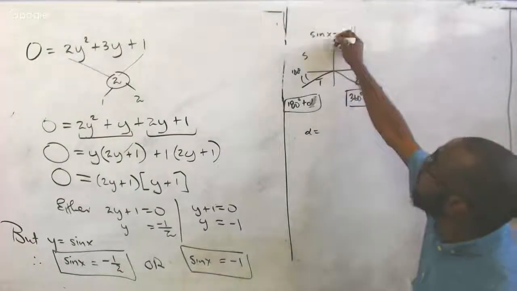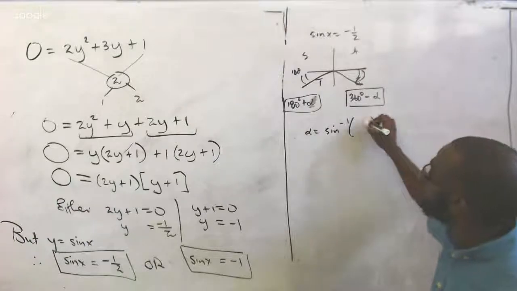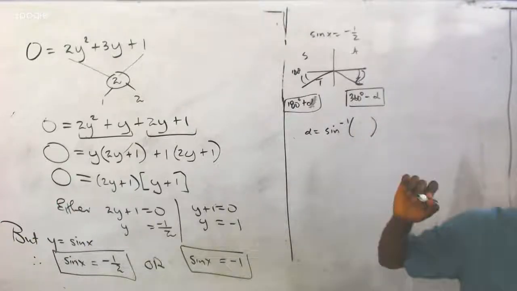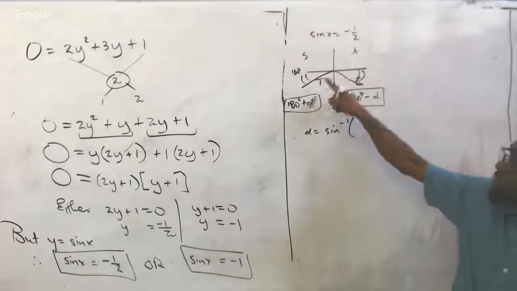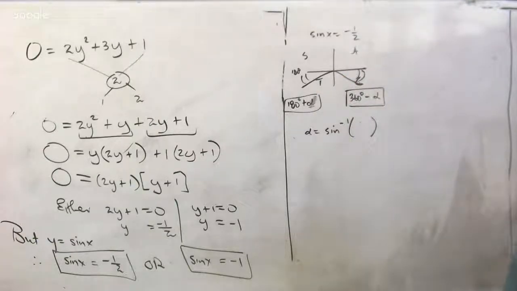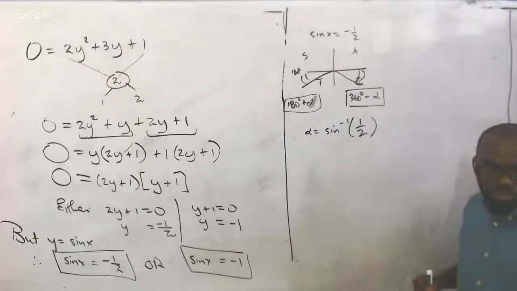Alpha is sine inverse of what? It can't be negative a half. We don't plug negative inside our sine inverse anymore. The negative tells me we're in the quadrant system. So alpha is 30 degrees.